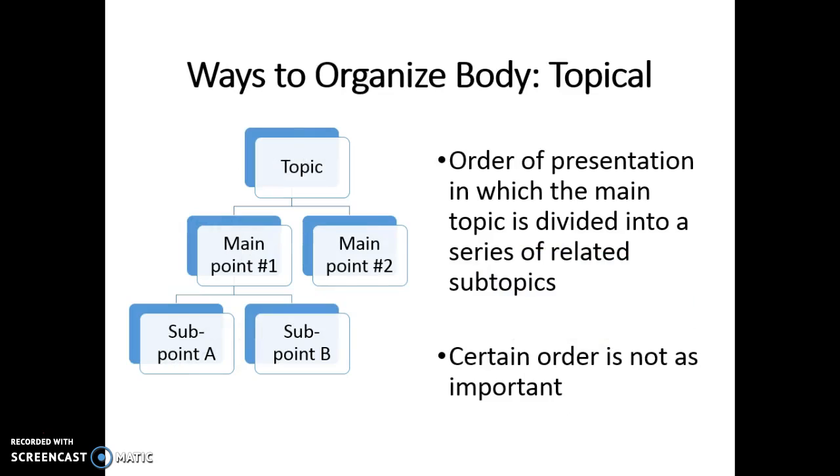Then lastly, you may have a topical speech. A topical speech is a speech where the order of the presentation is really just one main topic divided into subtopics. It's really easy to figure out because the order is not as important. If I were giving a speech on emotions, and emotions was my topic, and I decided to talk about fear, sadness, and happiness, I could organize those into any order. I could talk about happiness, fear, sadness.